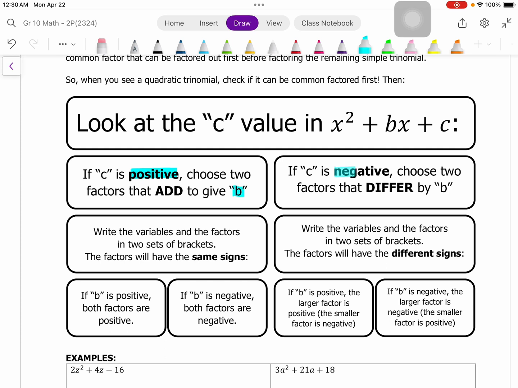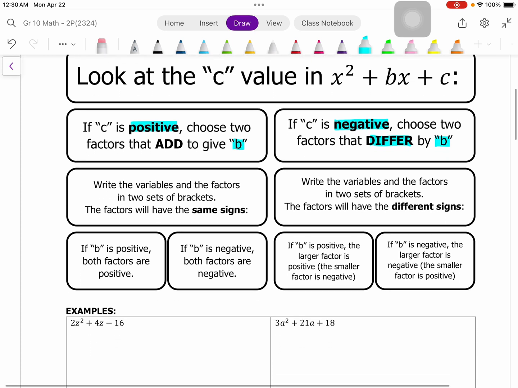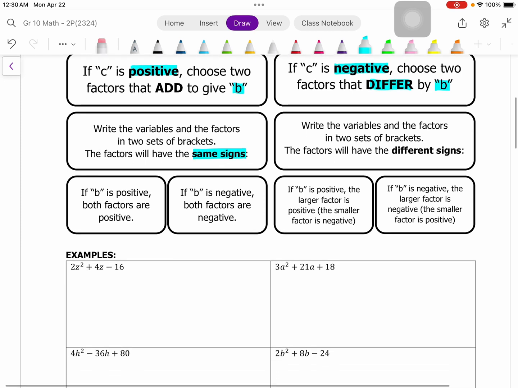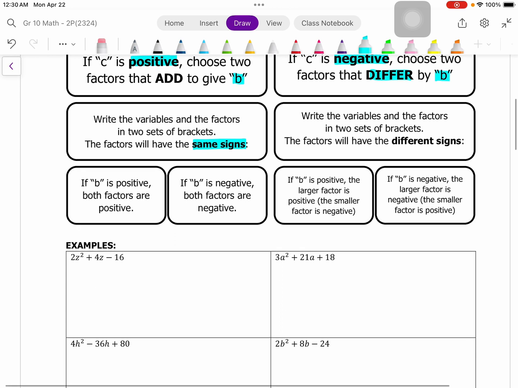If c is negative, we're going to look for two factors that differ by whatever b is. Then we'll write the variables and the factors in the brackets, and to figure out the signs, if the factors have the same signs, so if the b is positive, then both factors are positive, and if the b is negative, both factors are negative.